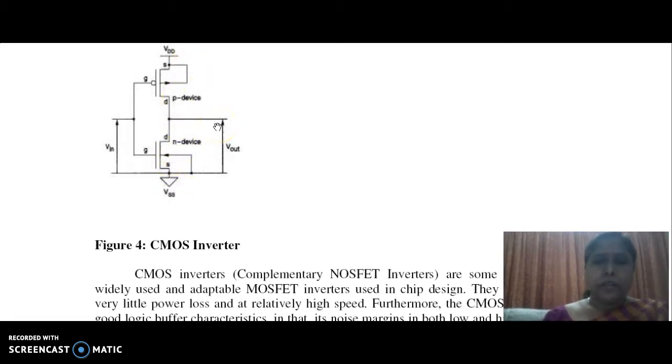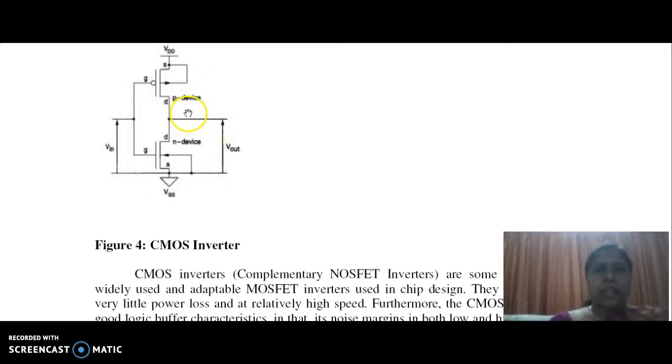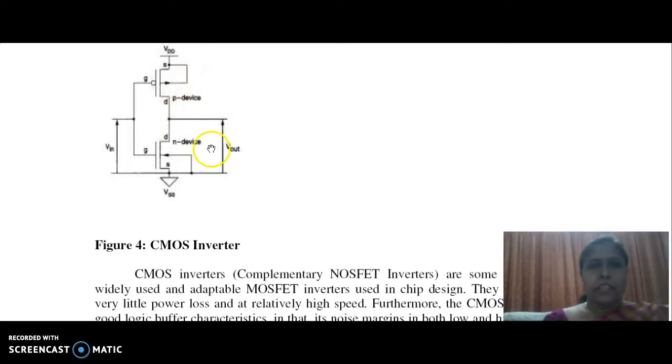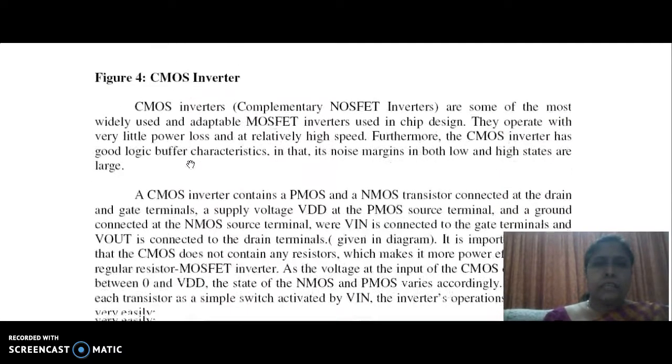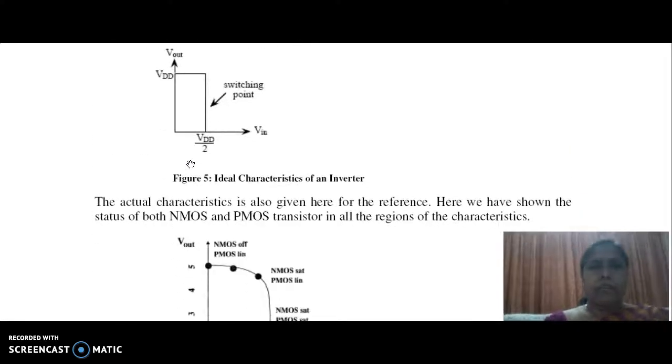If we try to analyze the working of this inverter, we expect the output versus input graph to be something like what we see here, with output being high up to input voltage VDD by 2 and output being low from then onwards.